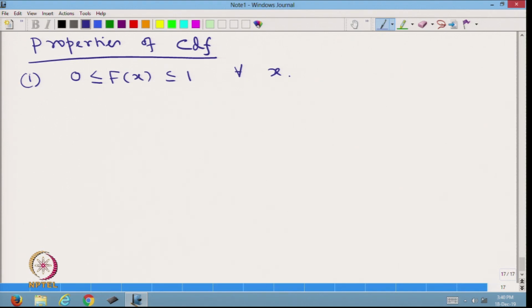This is obvious since F of x denotes probability X less than equal to x, and we know that any probability will be between 0 to 1.